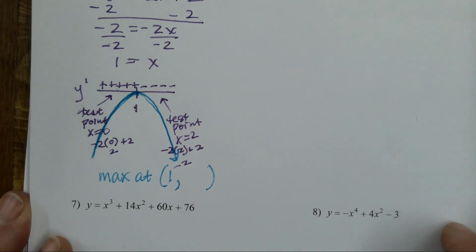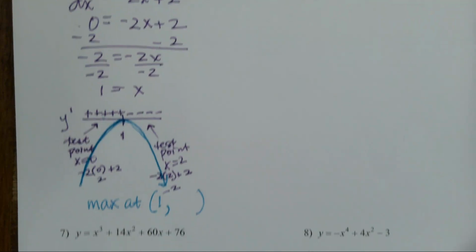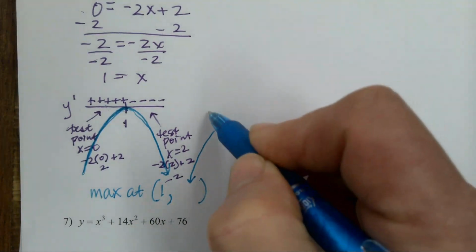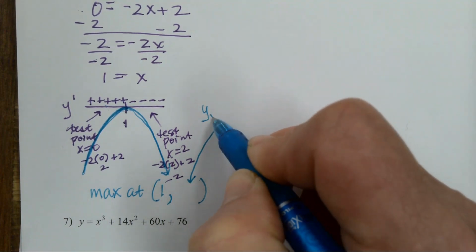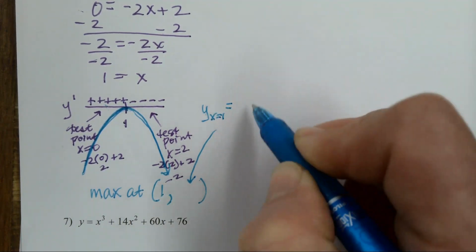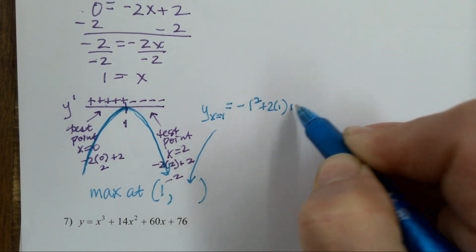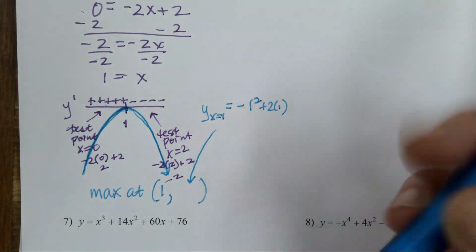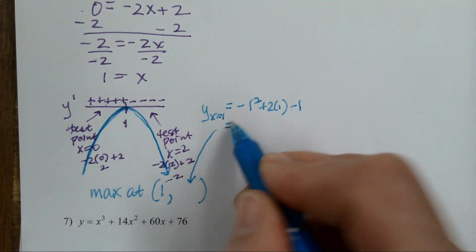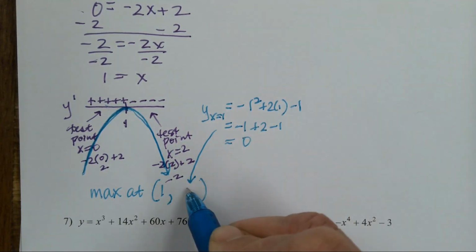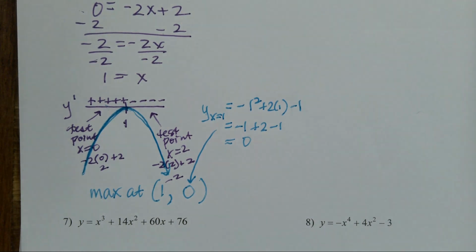So to find this value, I need to plug 1 back into the original equation. Turns out it's 0 anyways, and so this parabola changes direction at the point 1, 0.